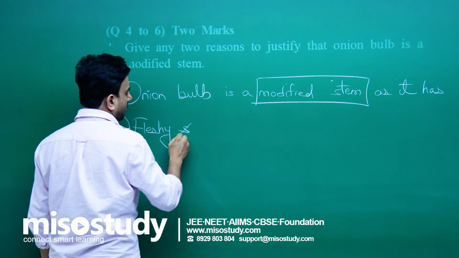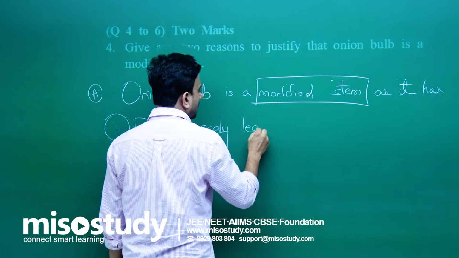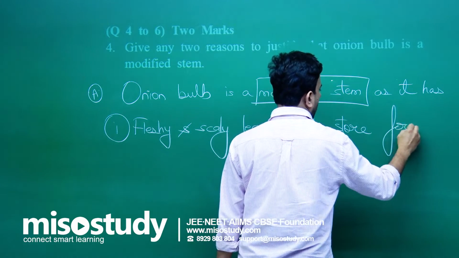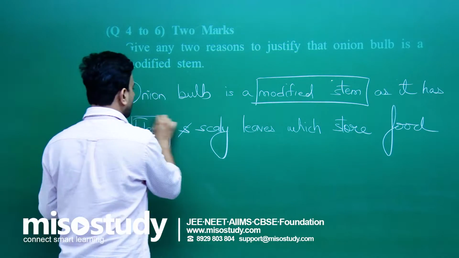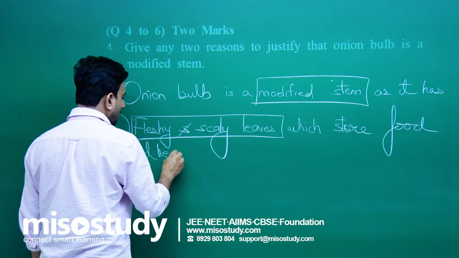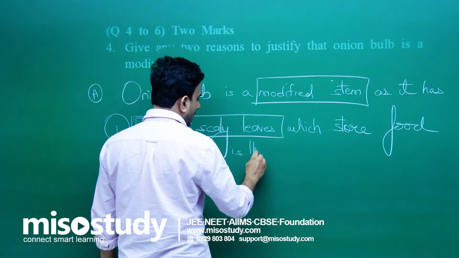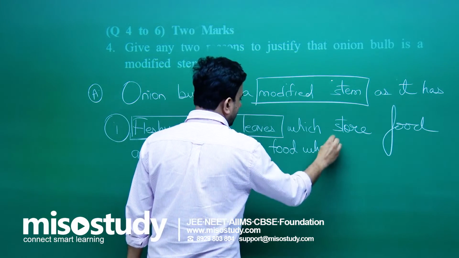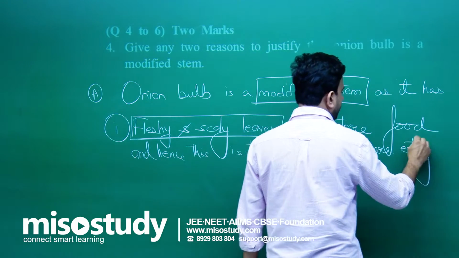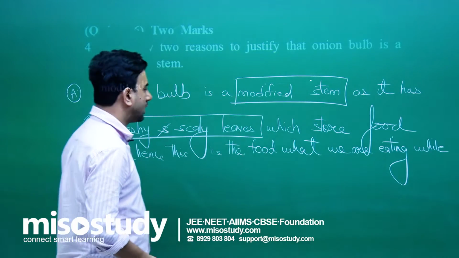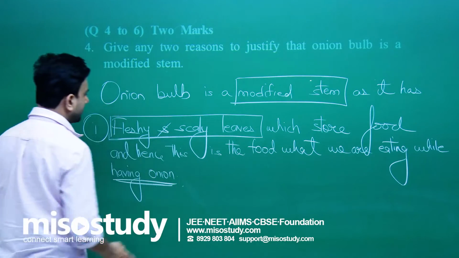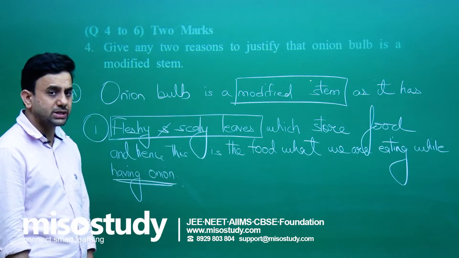Fleshy and scaly leaves which store food, and hence this is the food which we eat while having onion.